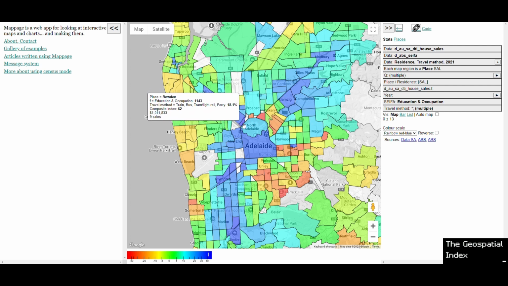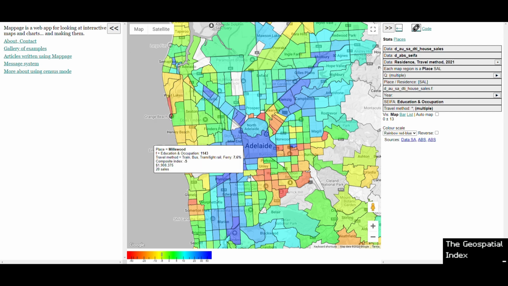Let's have a look where they are. So this is Bowden, just on the other side of the train line, northwest of North Adelaide. That's the best suburb according to my criteria. Then we've got Forestville to the southwest of the Adelaide CBD with a composite index of 37.